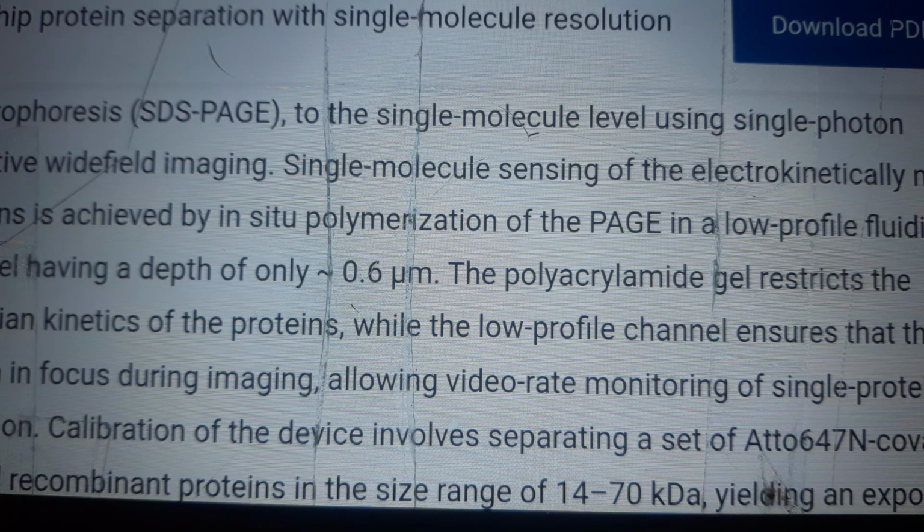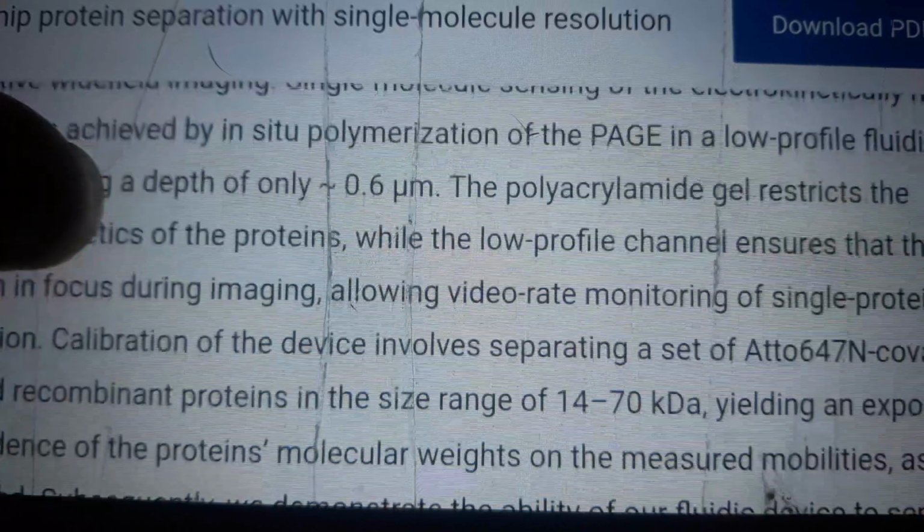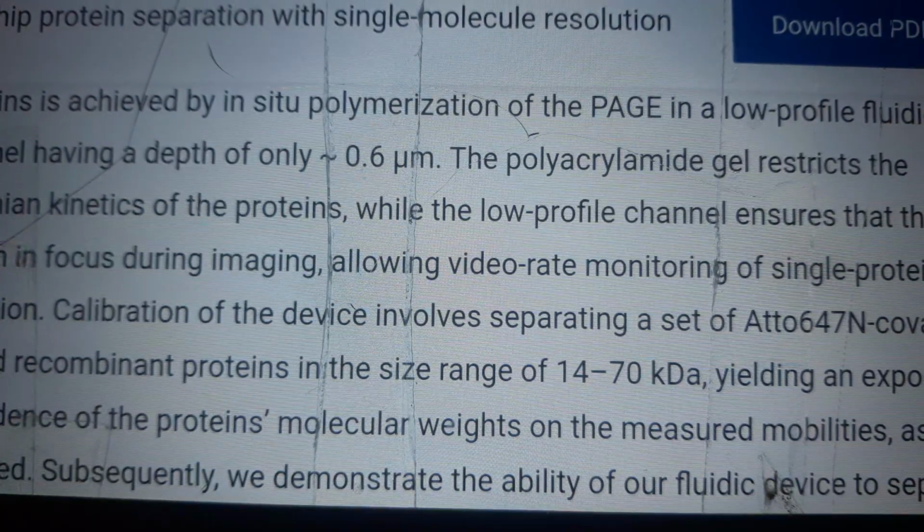Single molecule sensing of the electrokinetically moving proteins is achieved by in situ polymerization of the PAGE in a low profile fluidic channel having a depth of only 0.6 micrometer. The polyacrylamide gel restricts the Brownian kinetics of the proteins, while the low profile channel ensures that they remain in focus during imaging, allowing video rate monitoring of single protein migration.